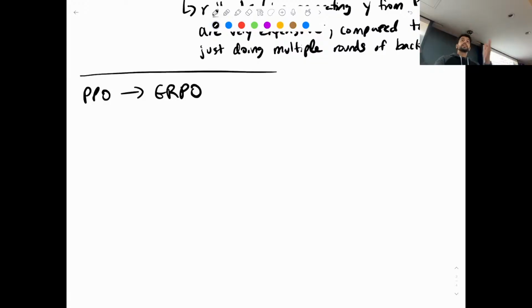But another dimension that we can scale our model is at test time. So at test time, let's say we can control the thinking budget of our model. If it's doing chain of thought reasoning, we could say, well, you're allowed to reason for 5,000 tokens, and then you have to produce your answer.